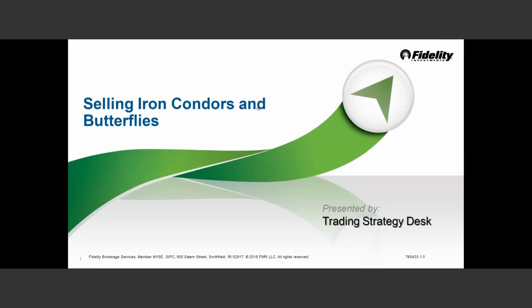So today I wanted to talk a little bit about iron condors and iron butterflies generally, and then from there I will start discussing verticals, calendar spreads, and diagonal spreads, mainly to discuss how to make adjustments to existing positions when the position goes against you.